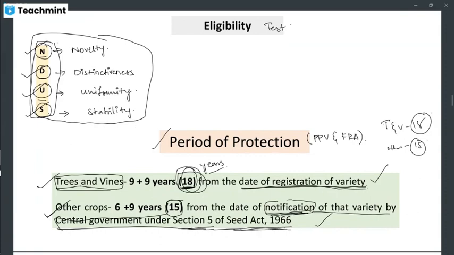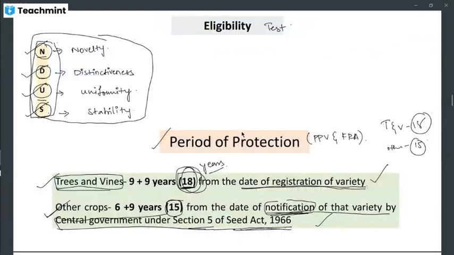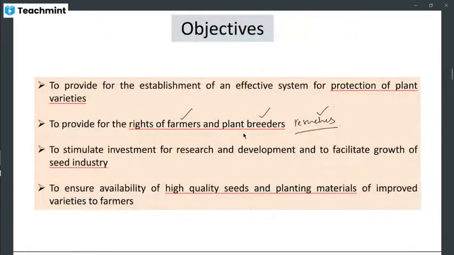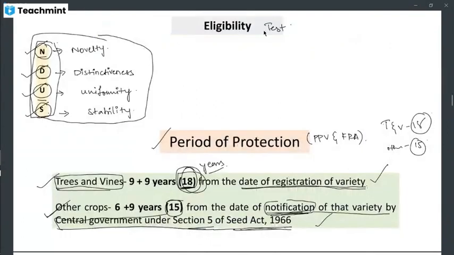So this is the period of protection. We have just seen what the different types of varieties are that can be protected under PPV FRA, what the eligibility criteria are, and what the period of protection is.